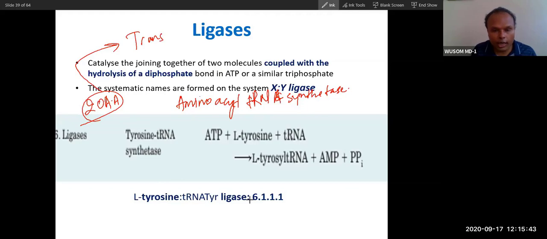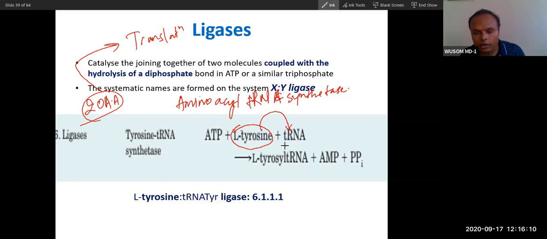So if you understand this enzyme, it will help you understand genetics later. This is one amino acid, tyrosine, being added to tRNA. It will be joined by utilizing ATP because it is a ligase.